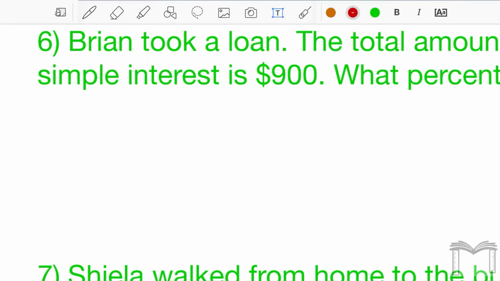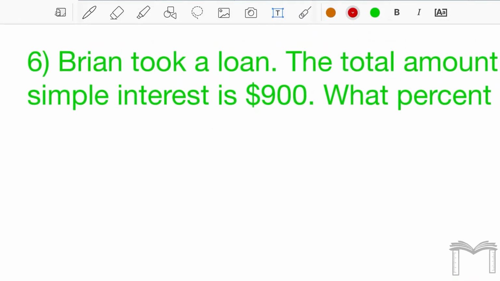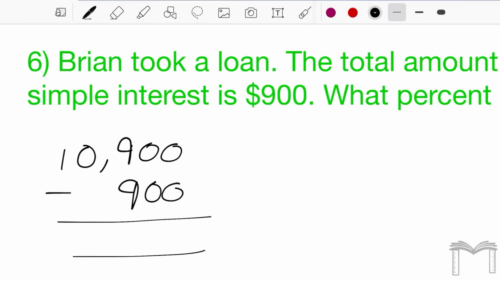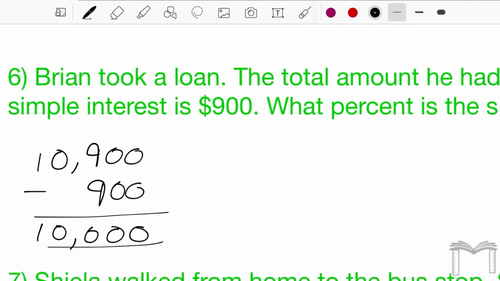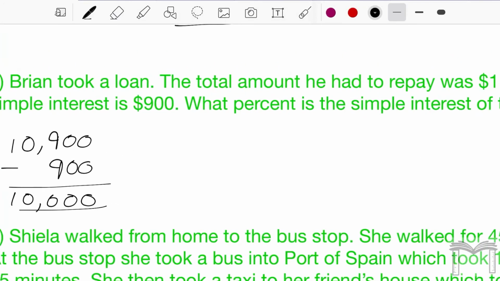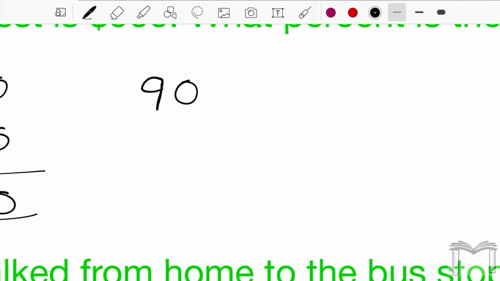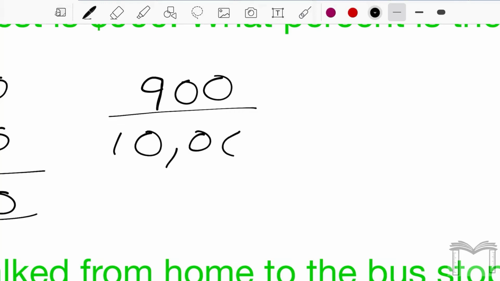The loan is the total, which is 10,900. Take away the simple interest, and this will give us $10,000. The percent that the simple interest is of the loan would be 900 over the loan, which is $10,000.